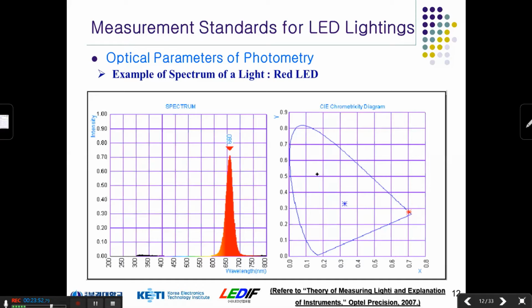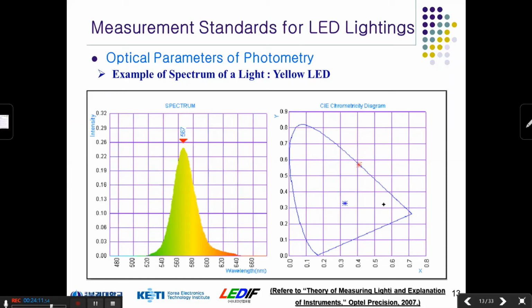This is a red LED spectrum peaked at 660 nanometer. And the location on the CIE color coordinate is here. This is a yellow LED spectrum peaked at 569 nanometer, and the location on the CIE 1931 chromaticity diagram is here.